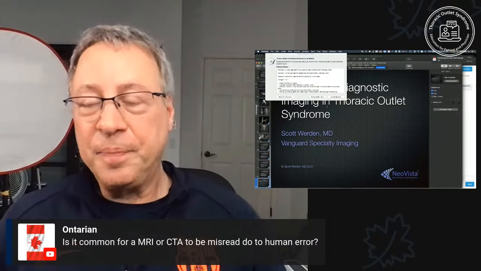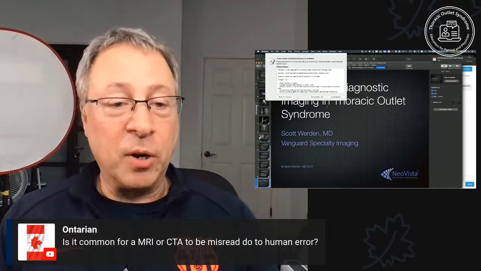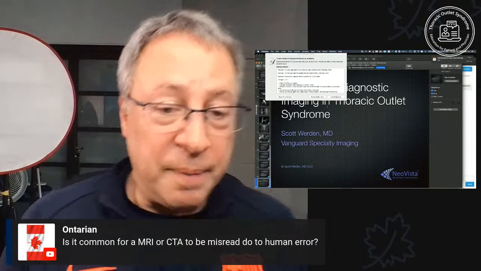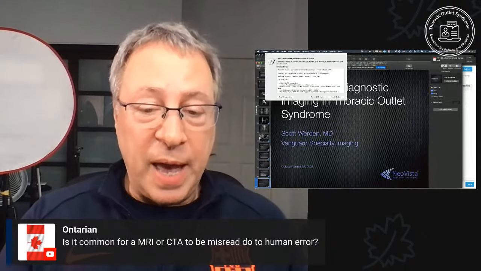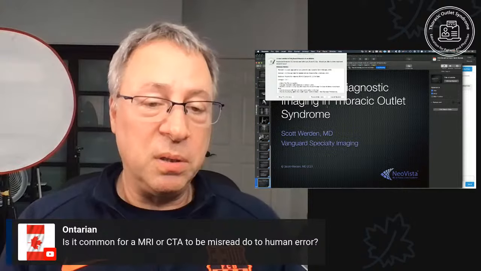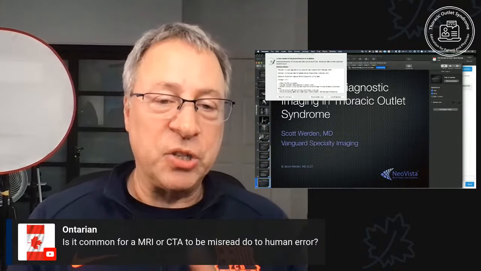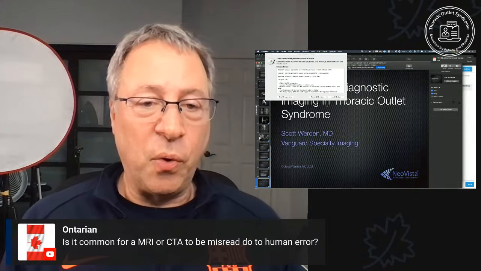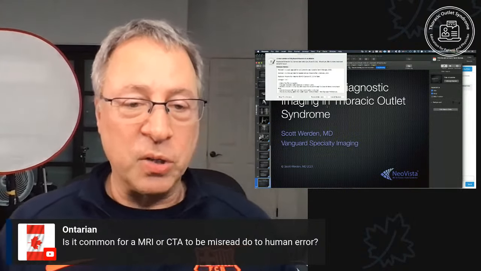First question I have, is it common for MRI or CT to be misread due to human error? Well, it can happen. And hopefully it's not anything major. After a radiologist looks at images, the doctor who refers the patient for these images will often look himself or herself.